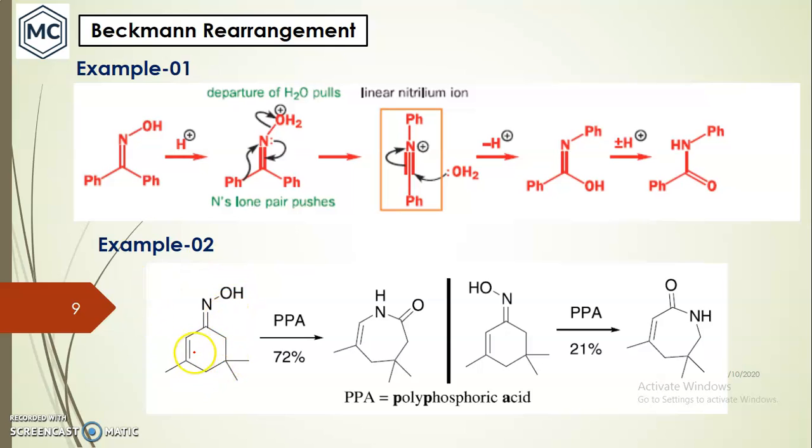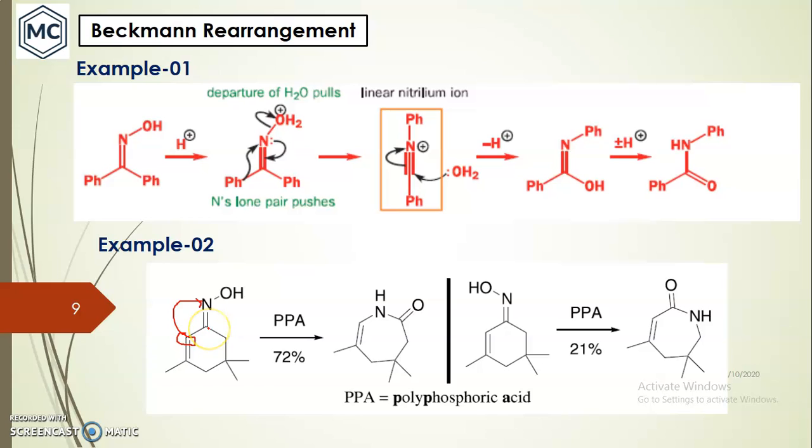And second example, in this particular case, if you are starting with this hydroxylamine, in the presence of polyphosphoric acid, which is the reagent used here, you can see that this carbon is migrated to this nitrogen. That is why you are getting this nitrogen here.